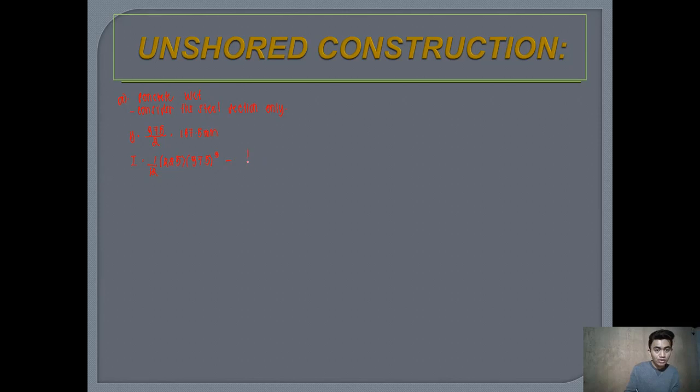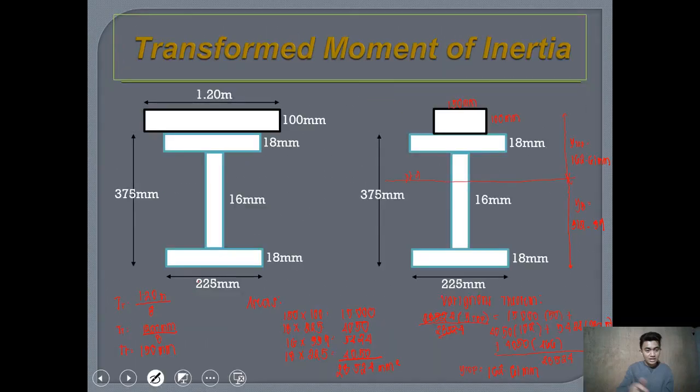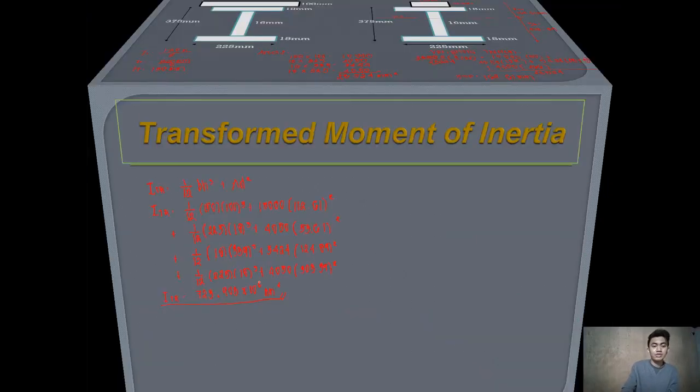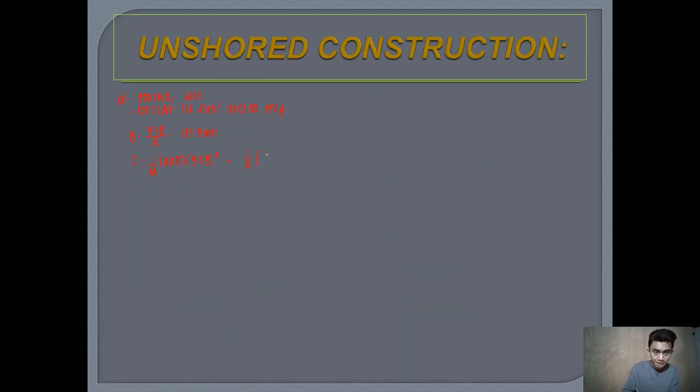So that is 1 all over 12, multiply that by the base, which is 225 minus 16 divided by 2, that is 104.5 mm, and a height of 375 minus 18 minus 18, that is equal to 339 squared. Then multiply this again by 2.